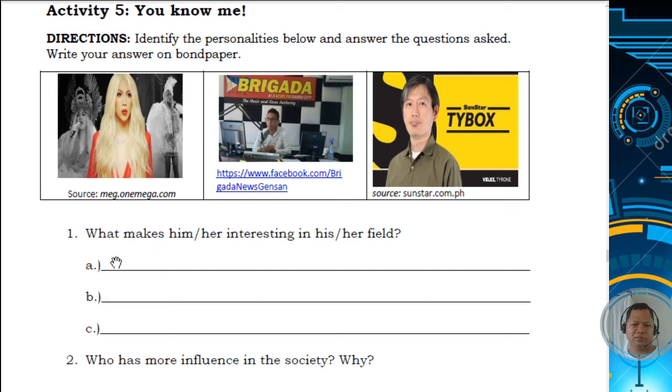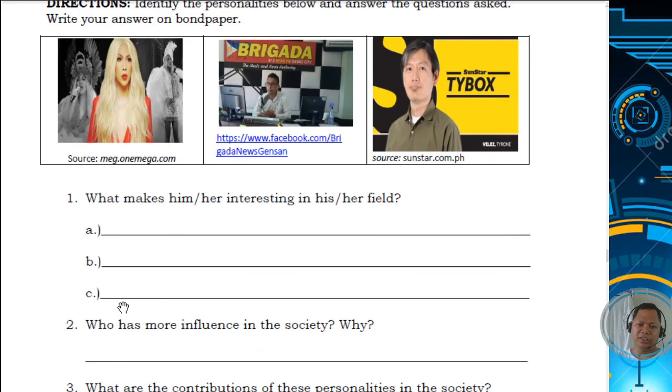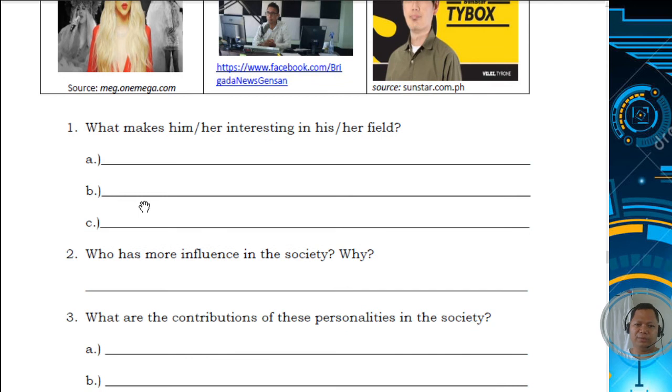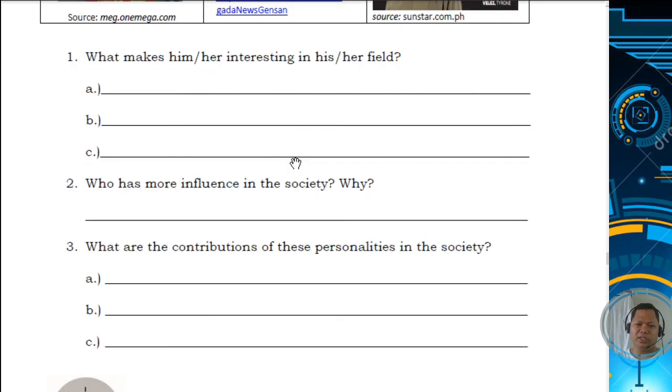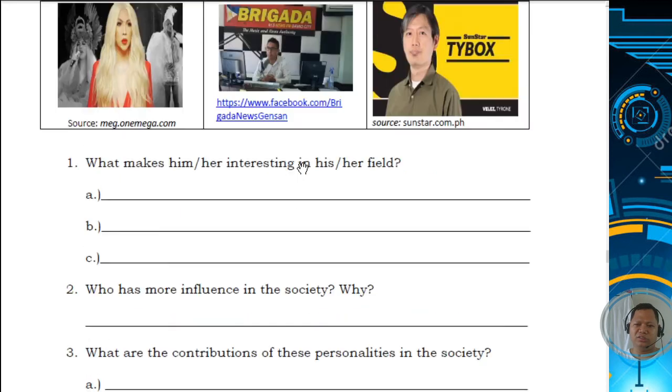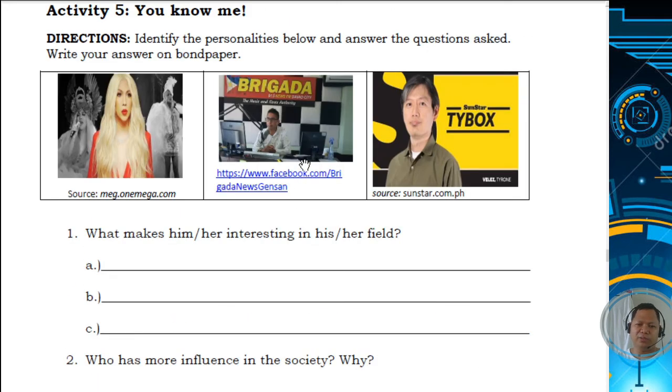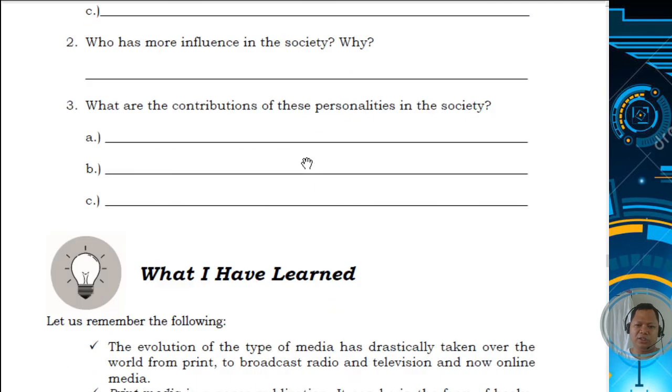The question: what makes him or her interesting in his or her field? You write your answers here, A, B, C. Number 2, who is more influential in society? Why can you say so? Number 3, what are the contributions of these personalities in society? This is your personal opinion, so you write it. I'll get the answers here.